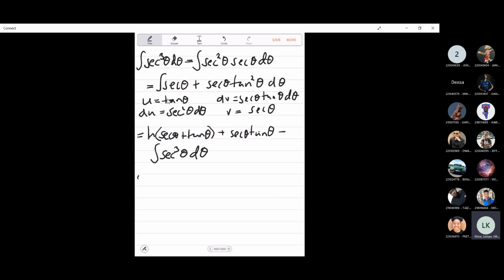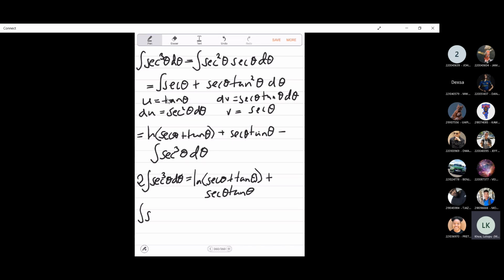So I have 2 times the integral of sec cubed theta d theta. This is equal to ln of sec theta plus tan theta, and then plus sec theta tan theta, and then we divide by 2 on both sides.